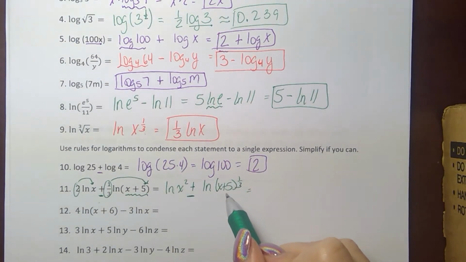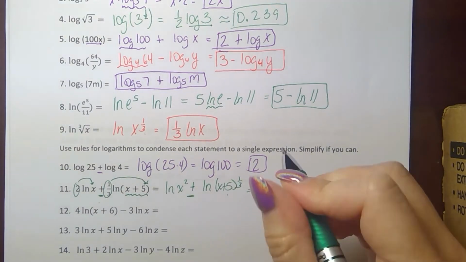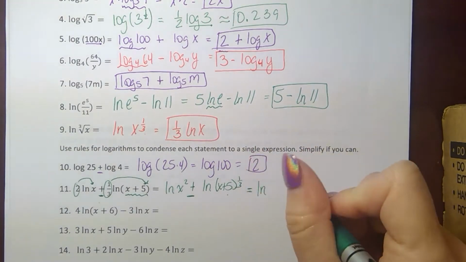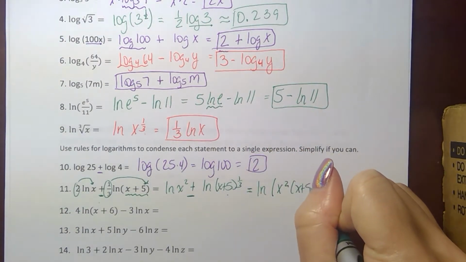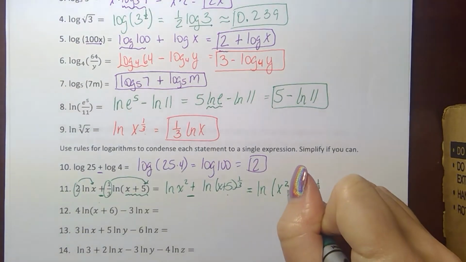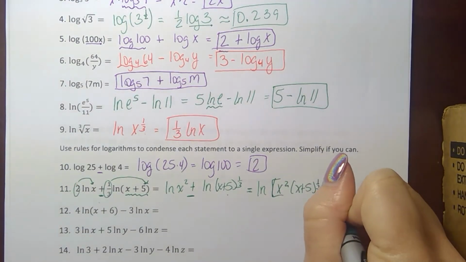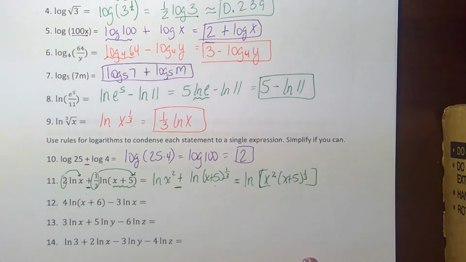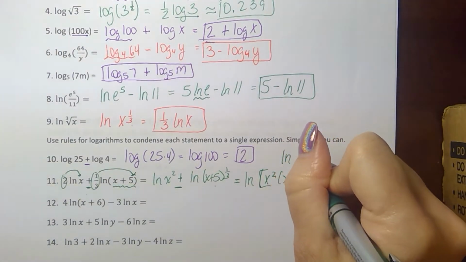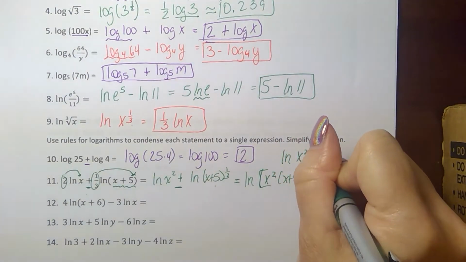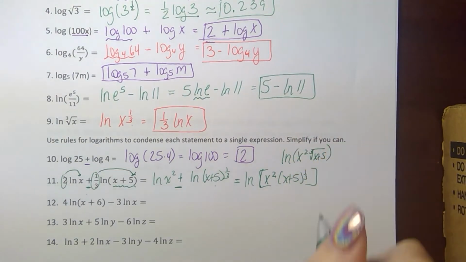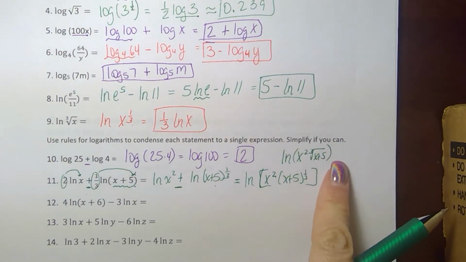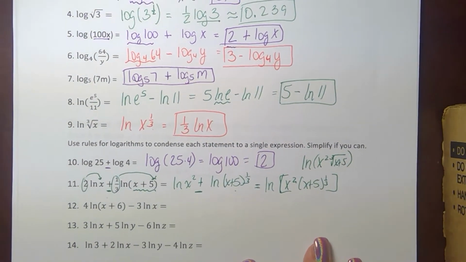Now, if I rewrite this as a cube root, it might make my argument look a little nicer. So I've got natural log of x squared times x plus 5 to the 1/3 power. I can leave it just like that. Or I could choose to say natural log of x squared times the cube root of x plus 5. That's my argument. Either one of these, those are equivalent answers.